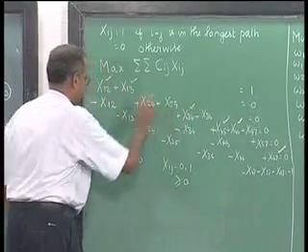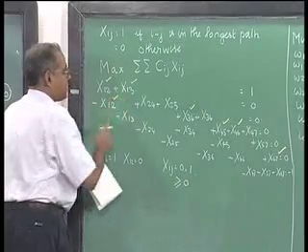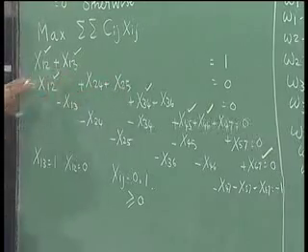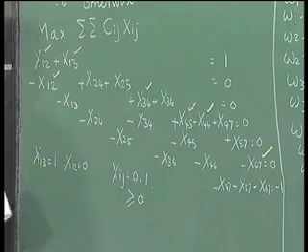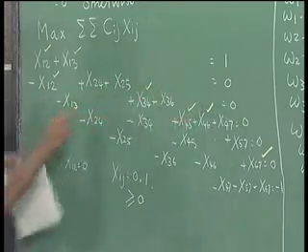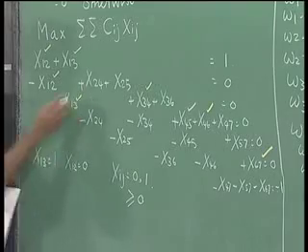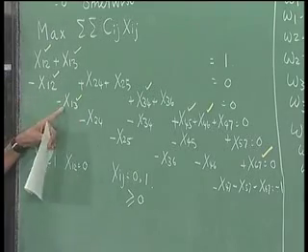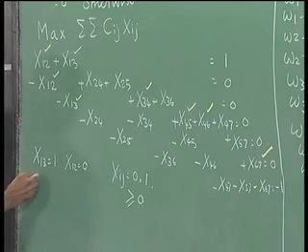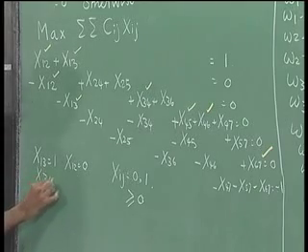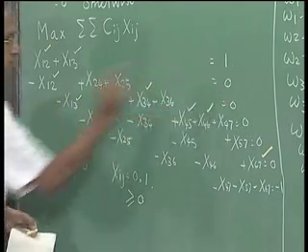These are non-basic, this is a basic variable at 0, so you get 0 equal to 0. As far as this constraint is concerned, x13 is equal to 1, so this contributes a minus 1, therefore x34 will be equal to plus 1, so that this is satisfied.